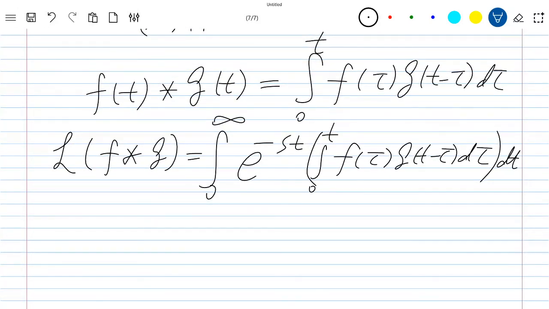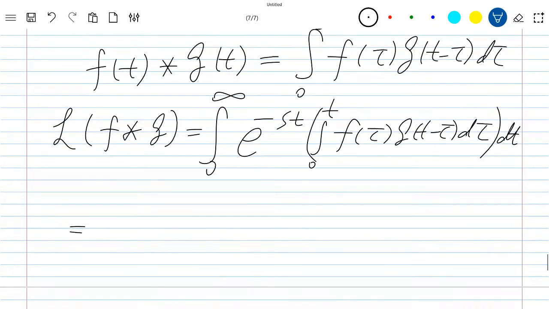So you can see this. I can write e to the negative s tau and e to the negative s times t minus tau, right?